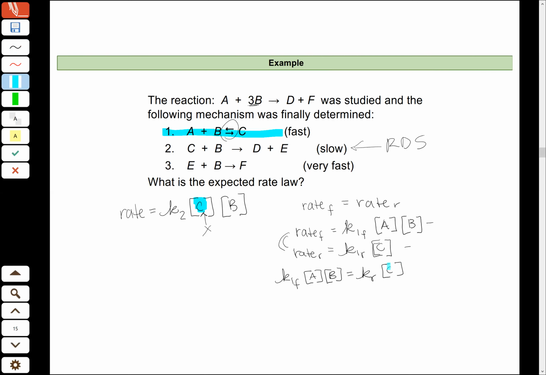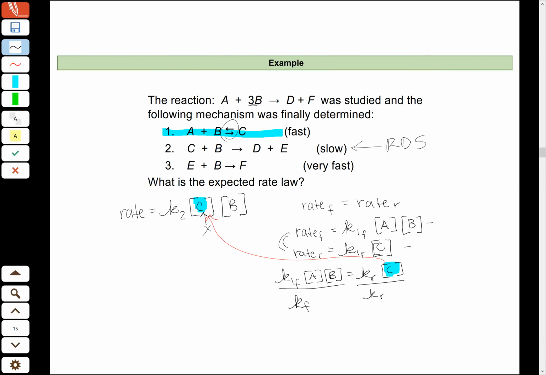And now I'm going to try to go ahead and solve for C so I can then plug it into this equation here. So I will divide both sides by my rate law constant of the reverse.